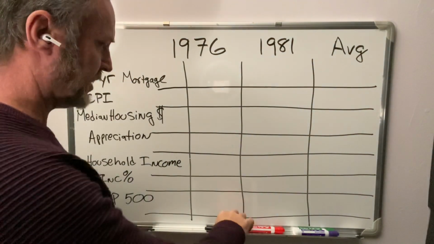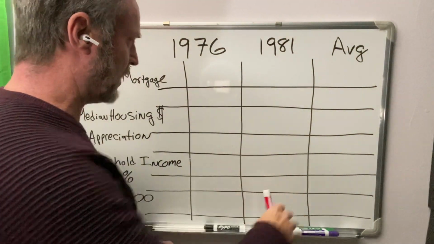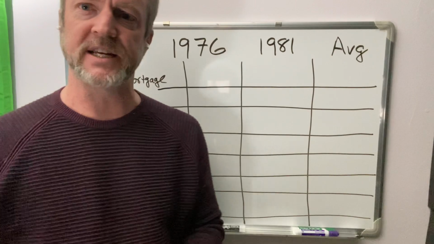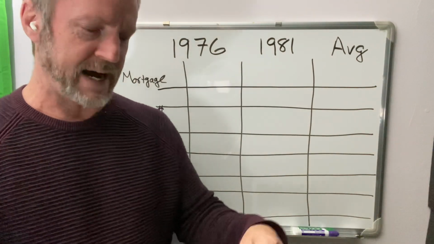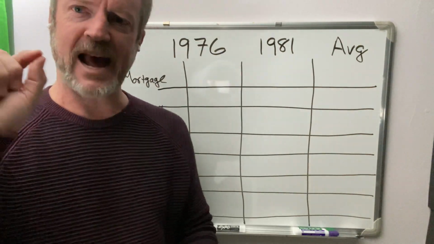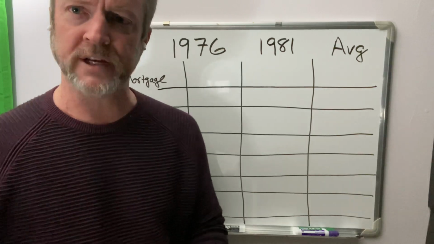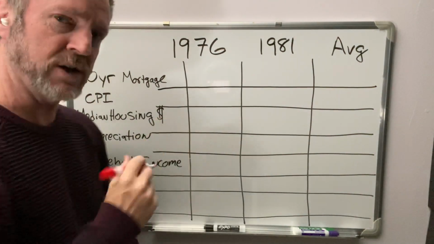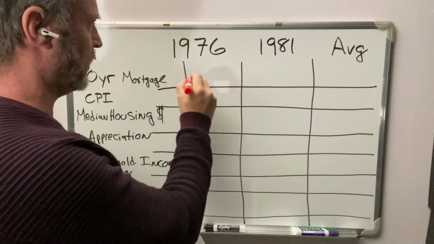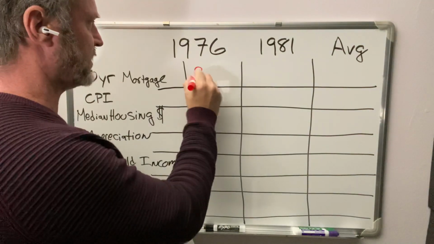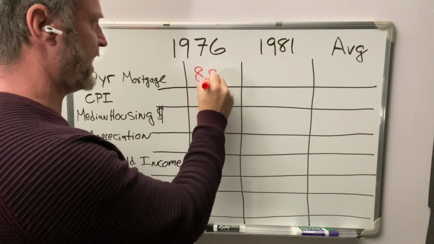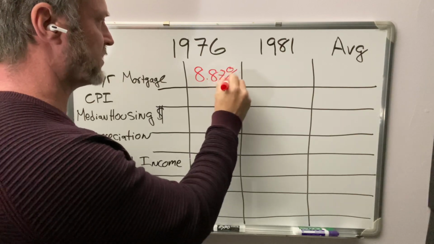So let's go first and let's talk about 1976. So 1976, the average 30-year mortgage, folks, any guesses what you think it might be? Well, it is 8.87%.